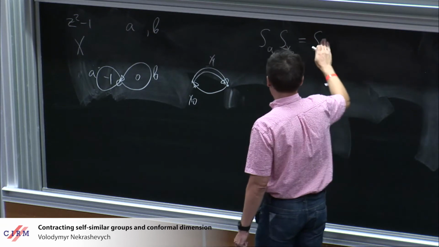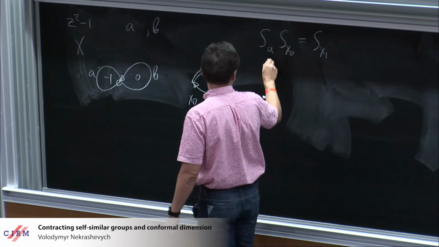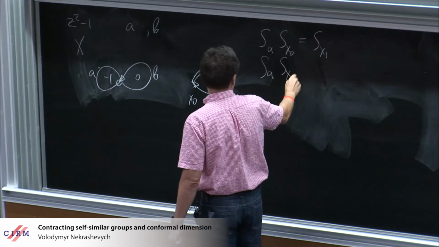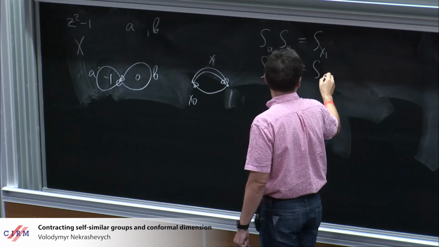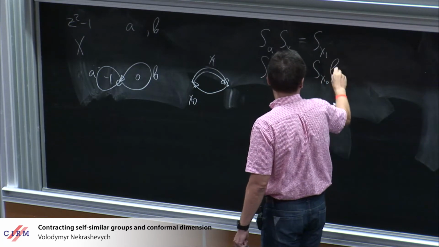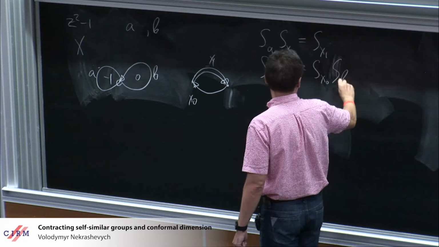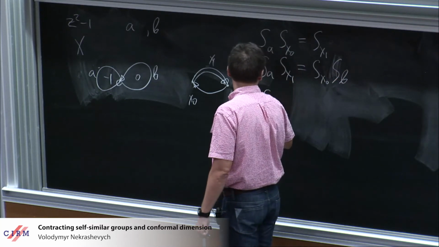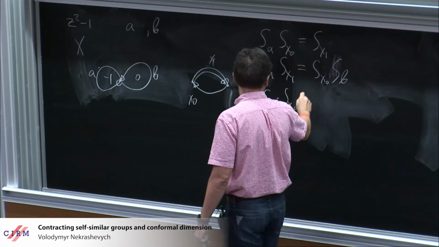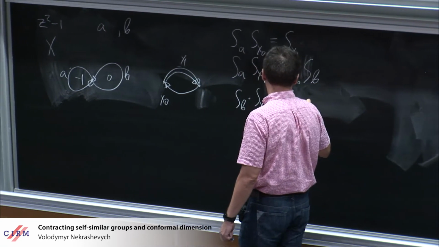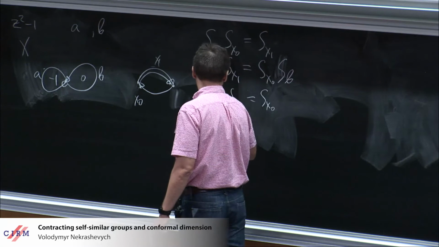So this relation will give you this relation, and then you can check that this is this relation, and then for B you will get these relations.